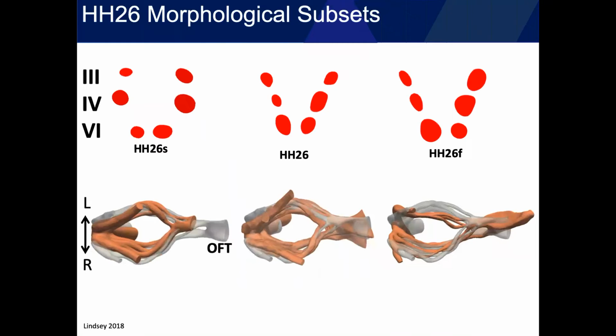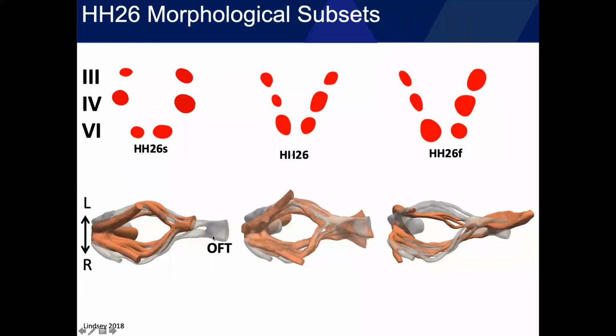The other thing that arose just from the scans was this subset. There's actually a large change between HH24 and HH26, and we could see how that change was taking place. That's why we called some of these HH26 slow and HH26 fast, and then one that was just a regular HH26.